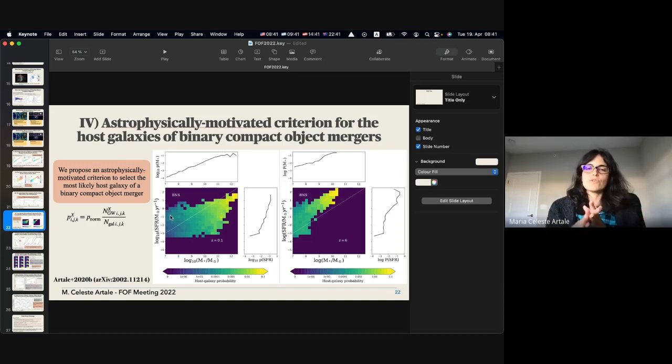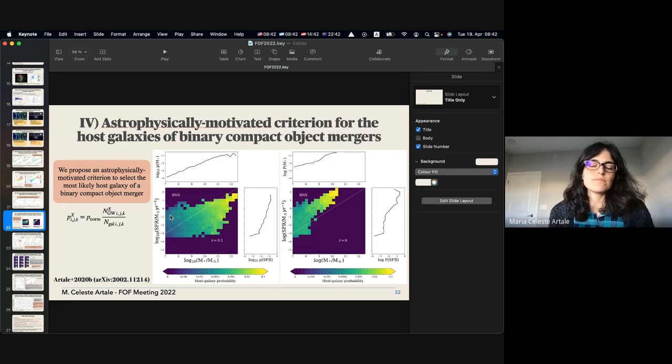So we have a much more interesting population in the massive ones, because we have much more time to produce star formation and eventually merge.